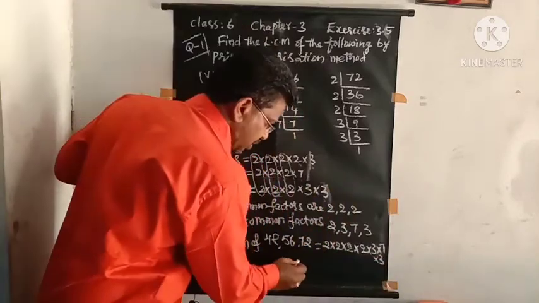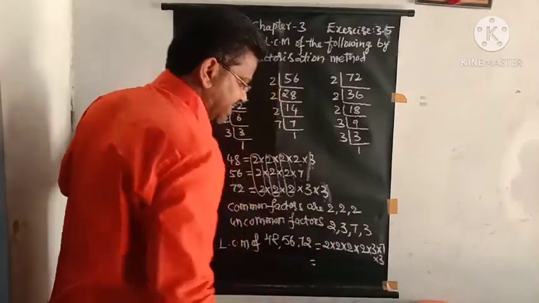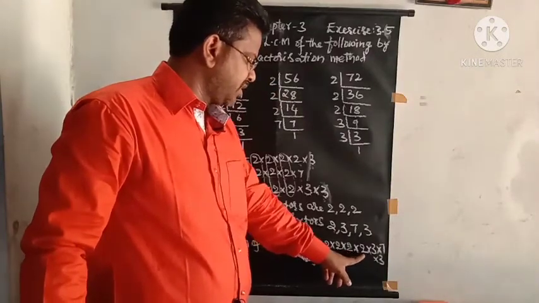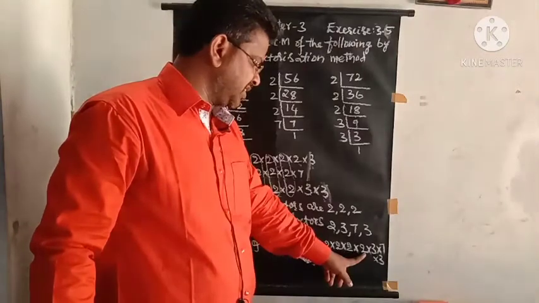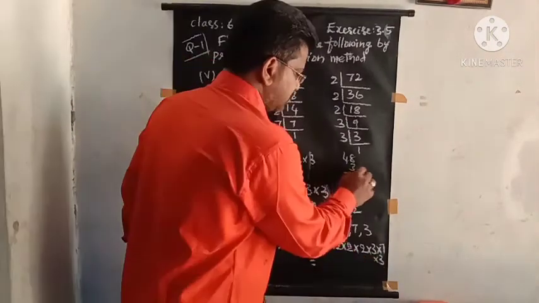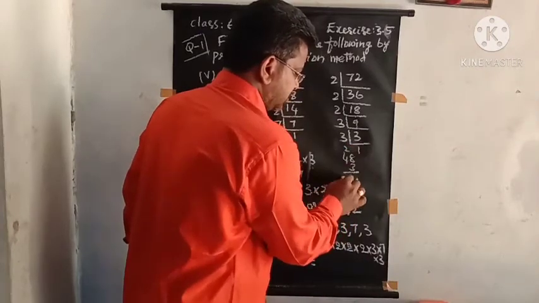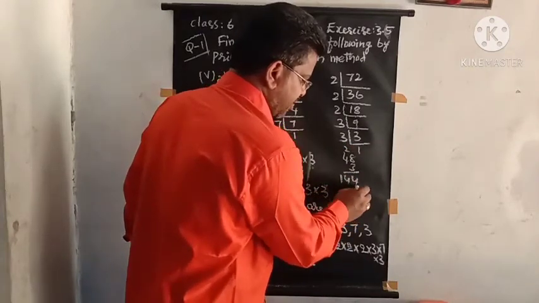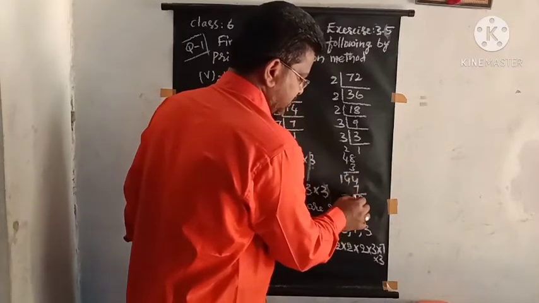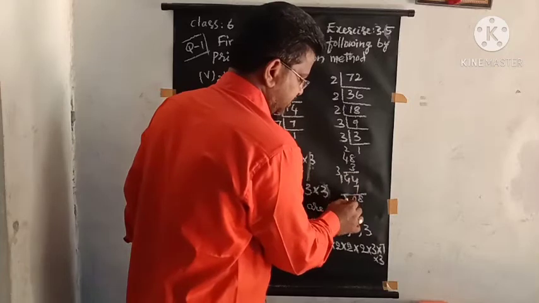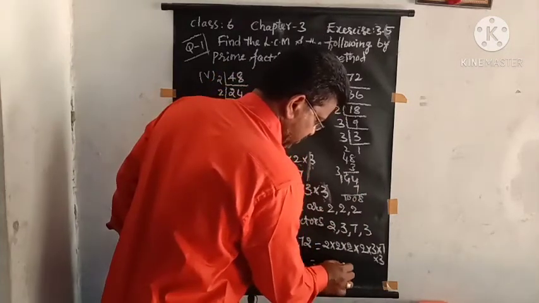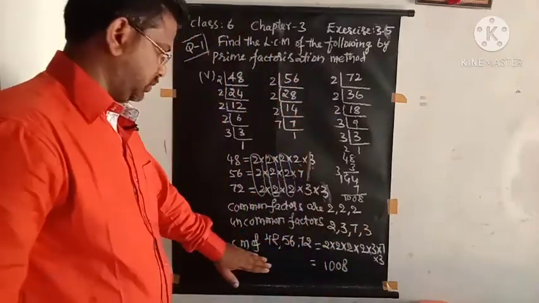You just multiply all these numbers to get the LCM. 2 2s are 4, 4 2s are 8, 8 2s are 16, 16 3s are 48, 48 3s are 144, 144 into 7 is 1008.